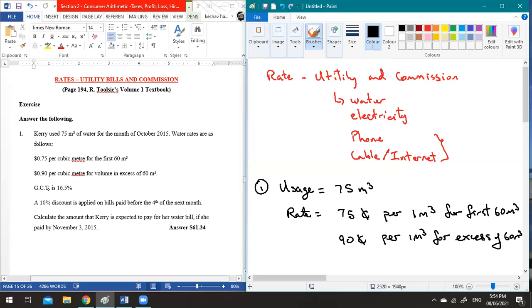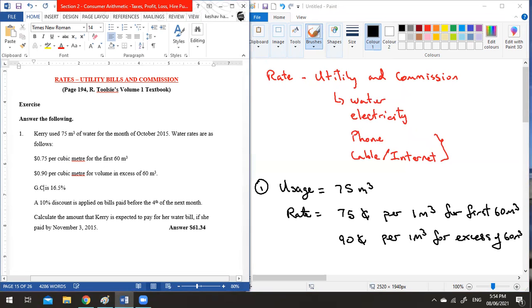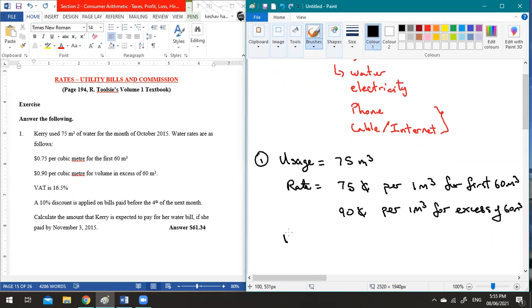Now, GCT is government tax or VAT, right? Value added tax is 16.5%, so you always have to pay the government that. And 10% discount if the bill is paid before the 4th of the month.